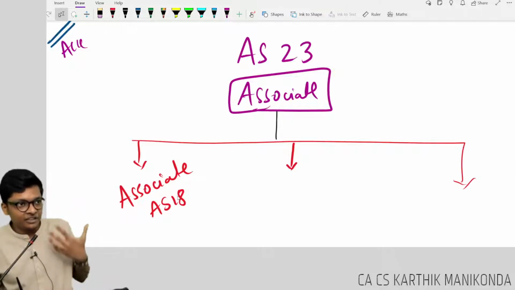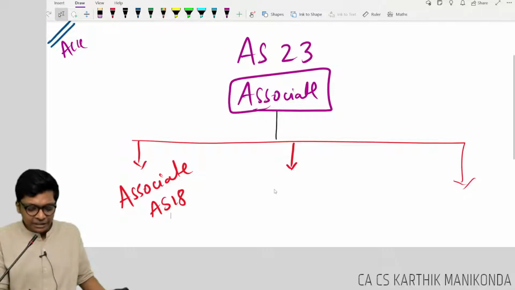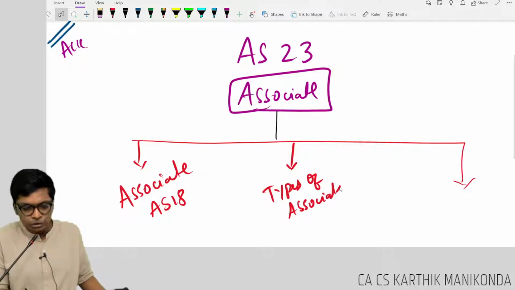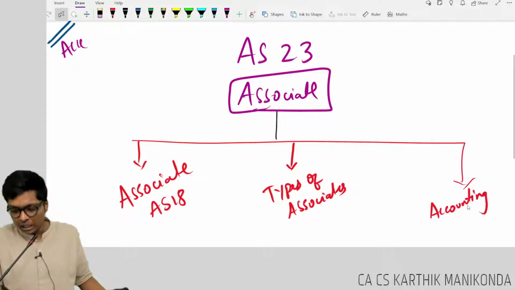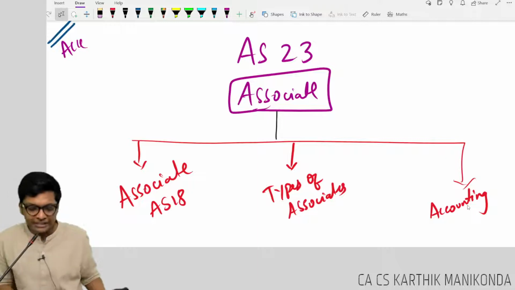Over there we have a definition, we will use that. Then I should teach you types of associates, once you know associate, and then only I can go to accounting for an associate. Are you all with me guys? So accounting is the last part.